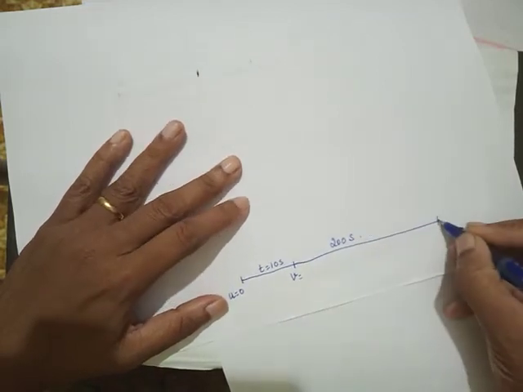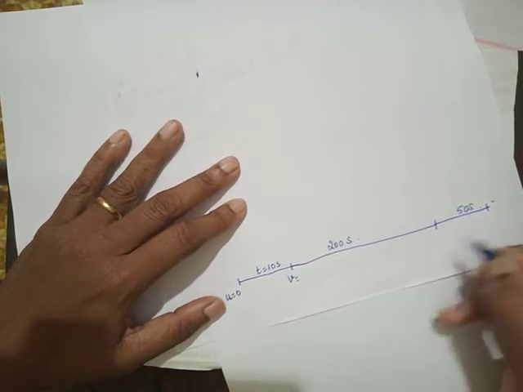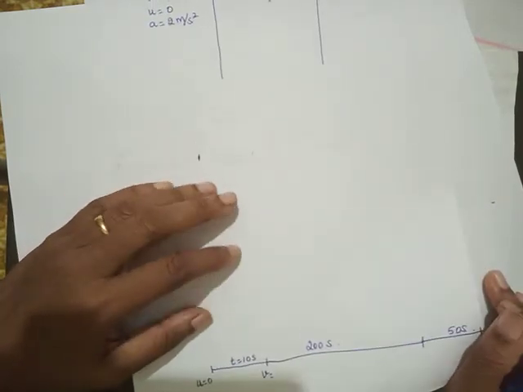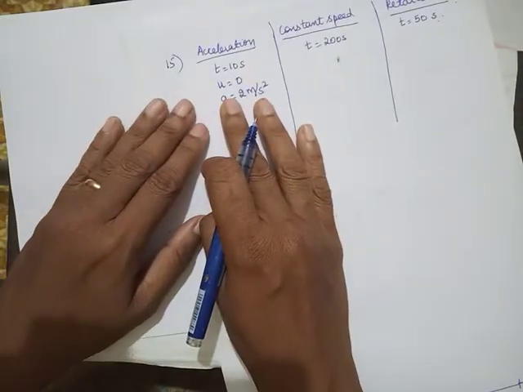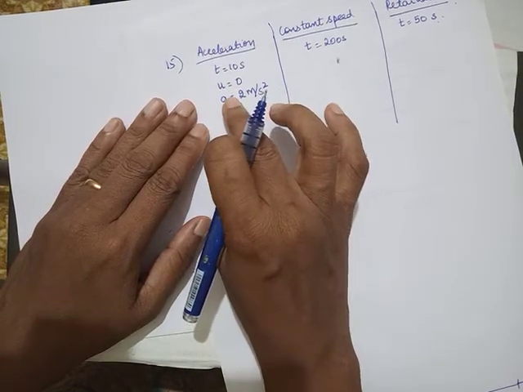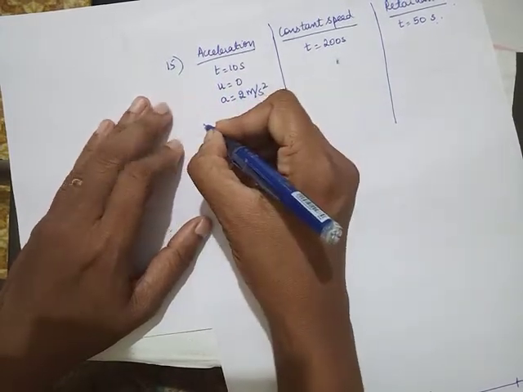And then the last 50 seconds, it underwent a retardation and then came to rest finally, right? Now, in the first case, acceleration is going on, so I can use equation of motion. First, I'll find final velocity.